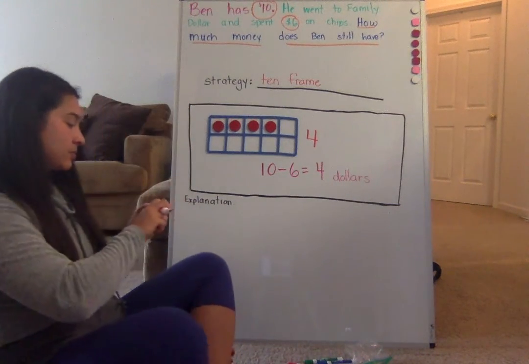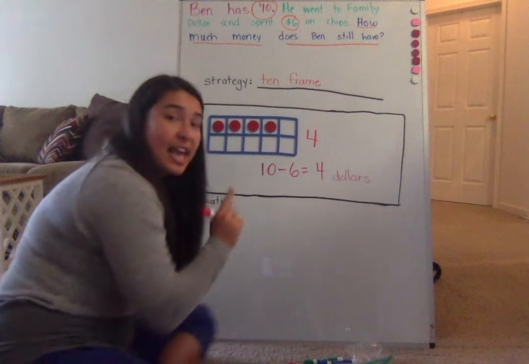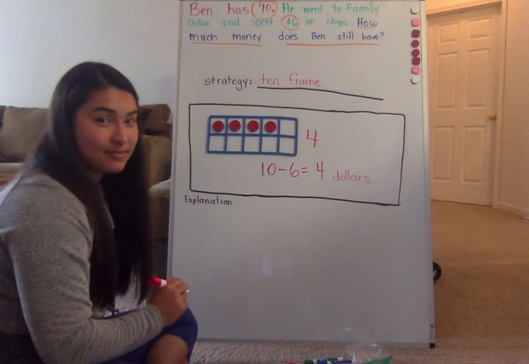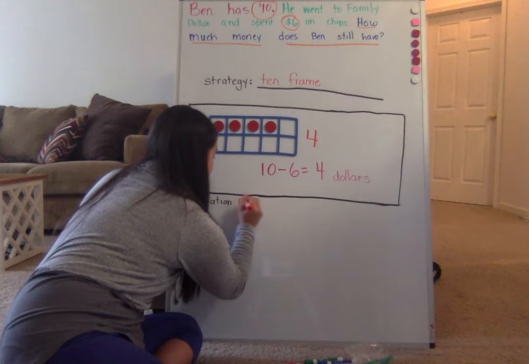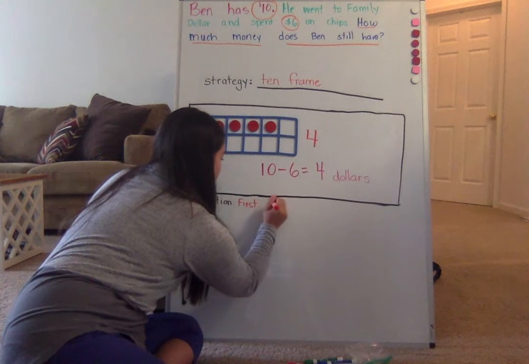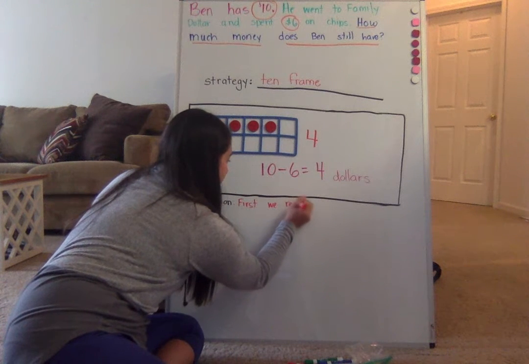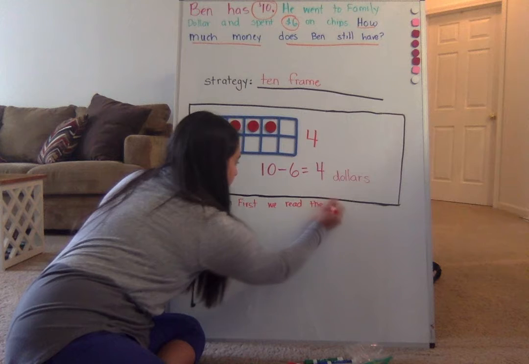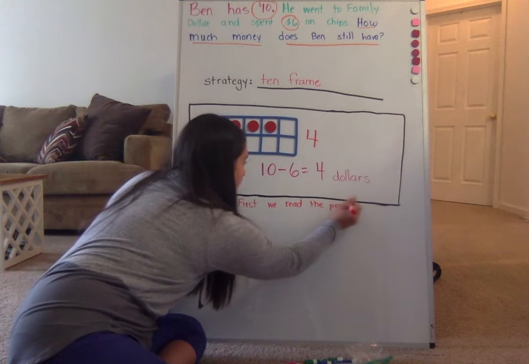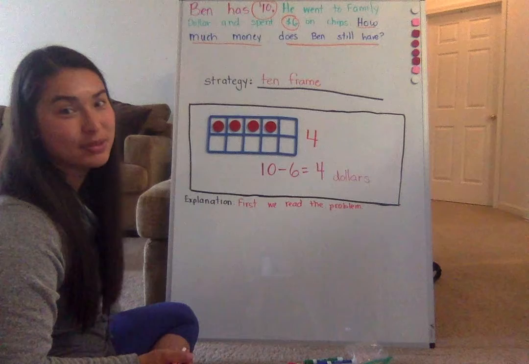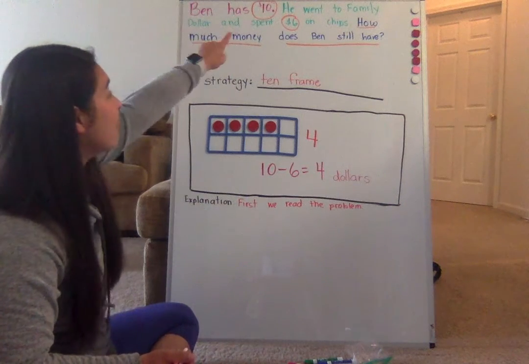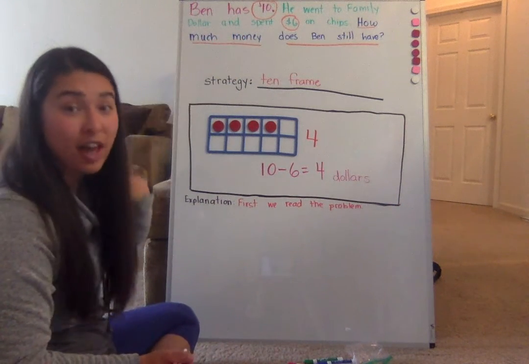Now, we need to do our explanation of exactly what we did to solve our problem. So, what was the first thing that we did? Yep, we read our problem. So, I'm going to go ahead and write. First, we read the problem. After that, transition word. After that, what did we do? Yeah, we found the important information and we underlined the question.